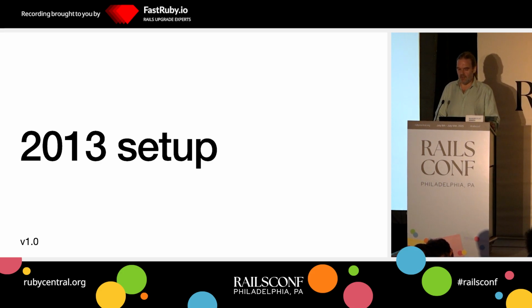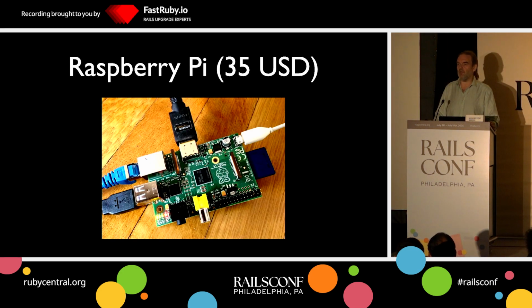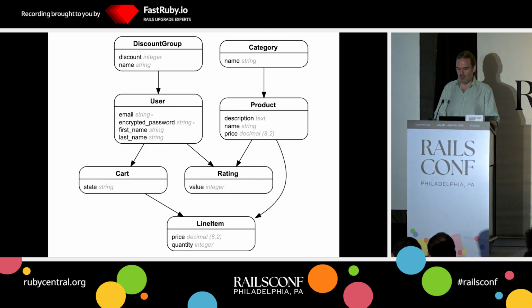So back to the 2013 slides, my setup in 2013 was a Raspberry Pi first generation. I used that because I wanted to show how little CPU power you need, or how little hardware power you need to run a nice web shop. This was the old model.